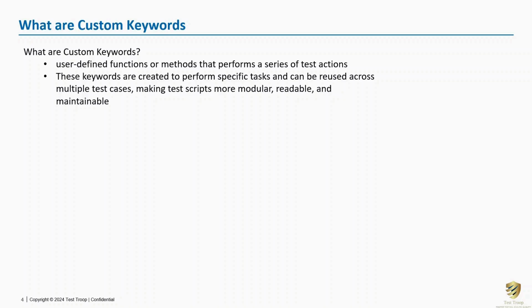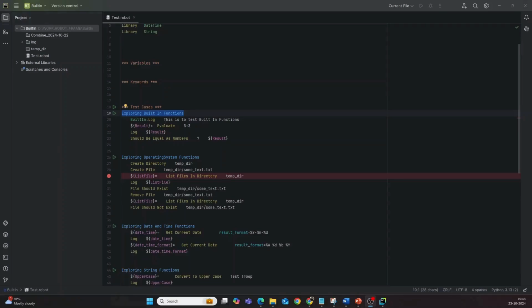In Robot Framework, the same thing we call keywords. These keywords are created to perform a specific task and can be reused across multiple test cases, making the test scripts more modular, readable, and maintainable.